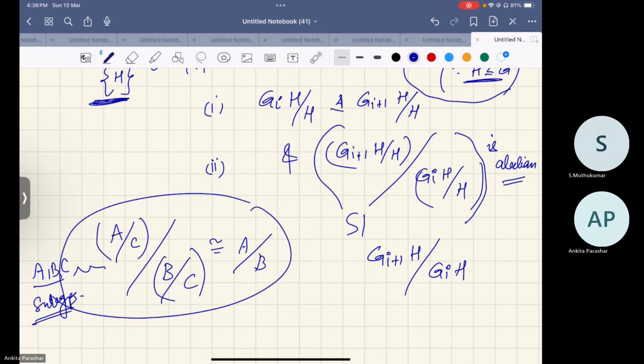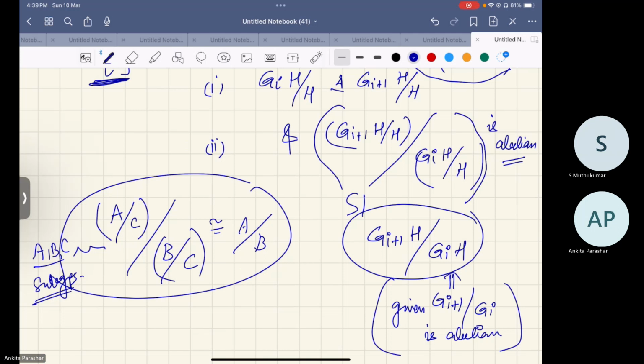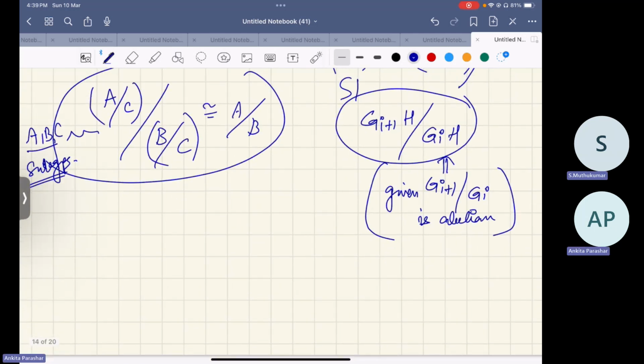Okay. Now this is all about saying this is abelian when you know that Gi+1 by Gi is abelian. Given this, you have to prove this. That's also not very difficult. Why? Because you can define a map from this to that. From Gi+1 to Gi and Gi+1H to GiH, there is a natural map.